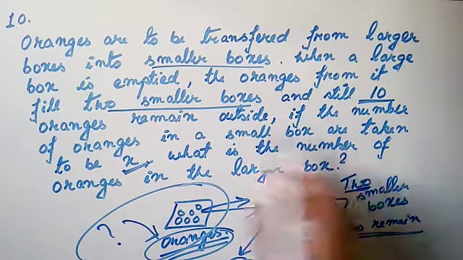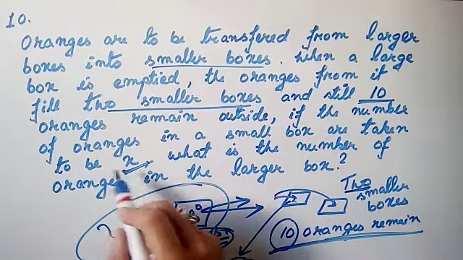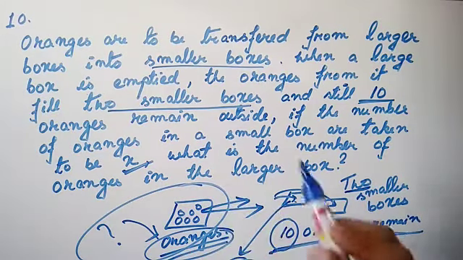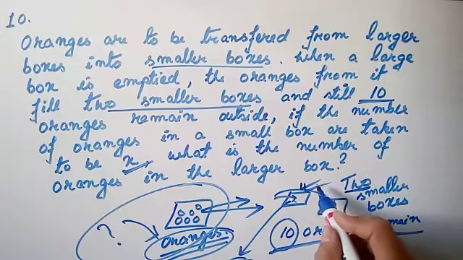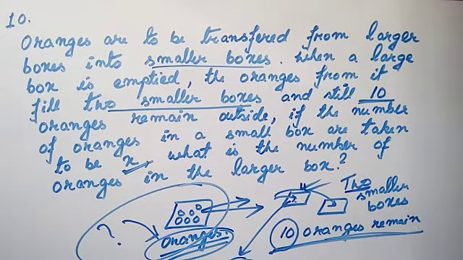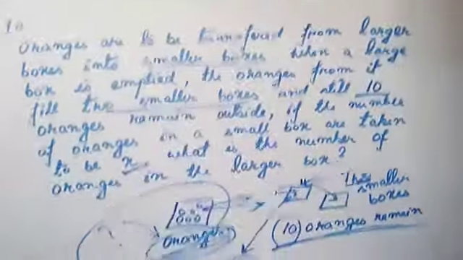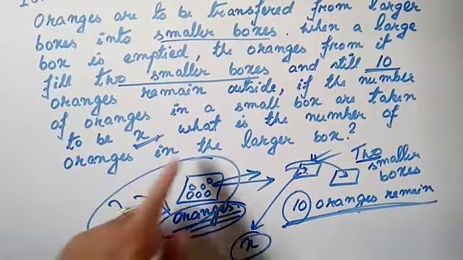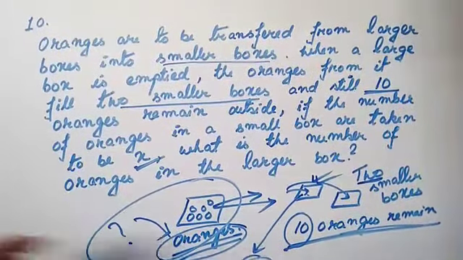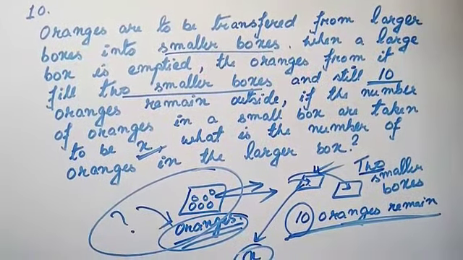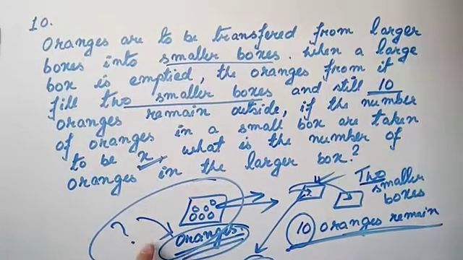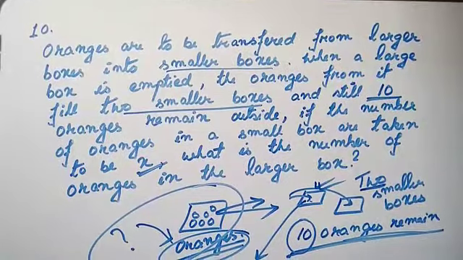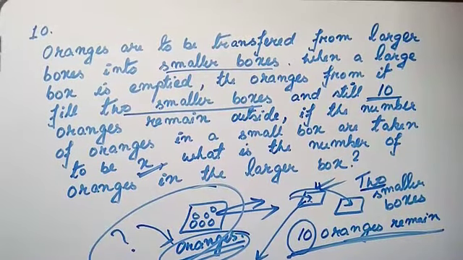If the number of oranges in one smaller box is taken to be x, then what is the number of oranges in the large box? The question asks us to find the total number of oranges in the large box. Understand? Very good. So let's solve the question.